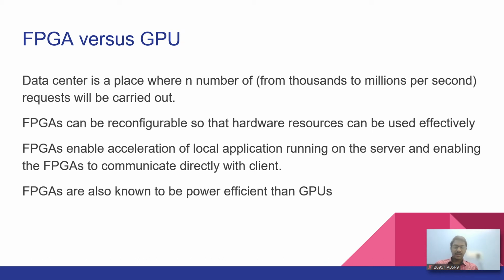Data centers are nothing but the centers where data is present, which can also be called clouds, which are nothing but server farms, and these server farms consist of the data.